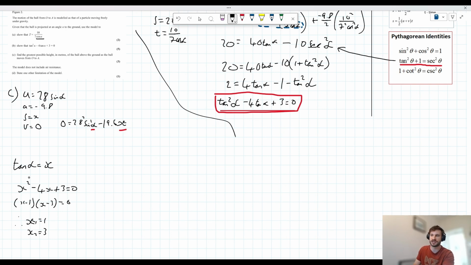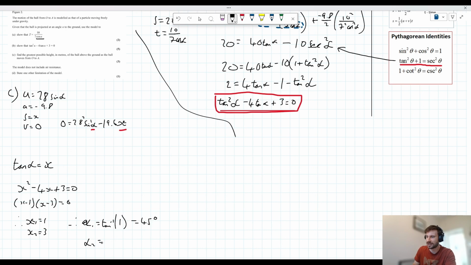Note that x is equal to tan alpha here, so I can say therefore alpha 1 is equal to the inverse tan of 1, which is 1. No, it's not. It's 45 degrees. I don't know why I thought that for a moment there.